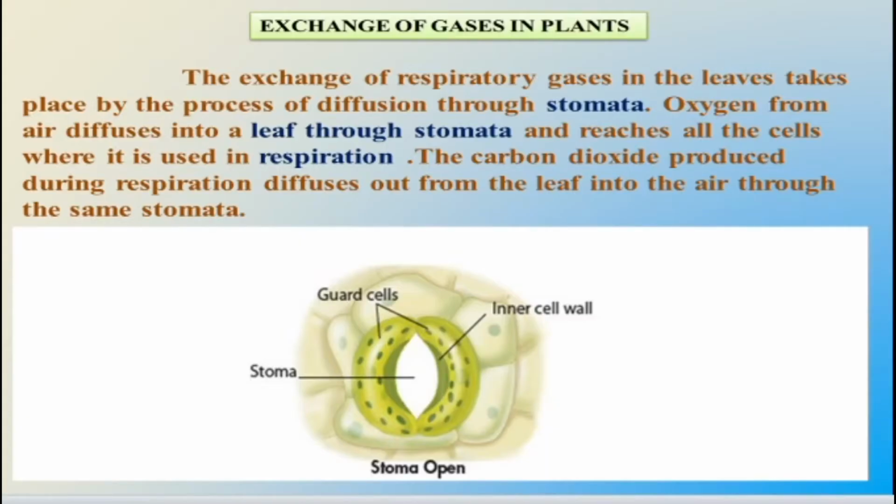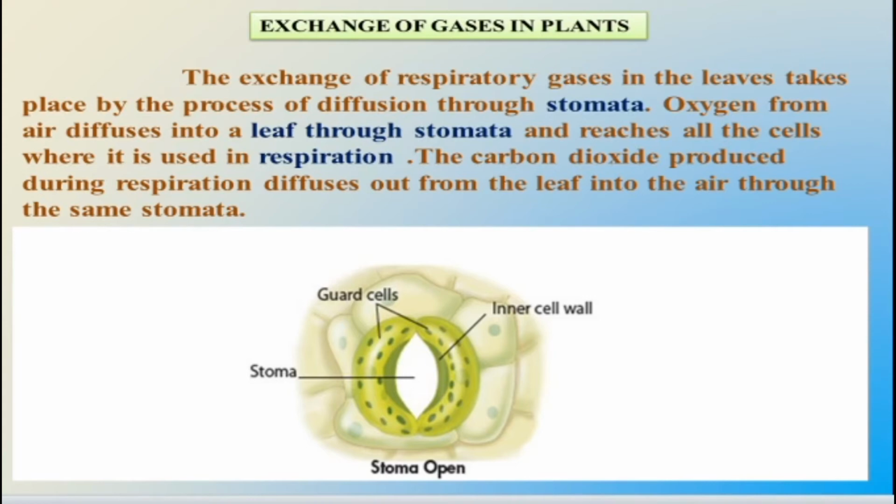Exchange of gases in plants, especially through stomata. We observe clearly that the exchange of respiratory gases in leaves takes place by the process of diffusion through stomata, the tiny openings.